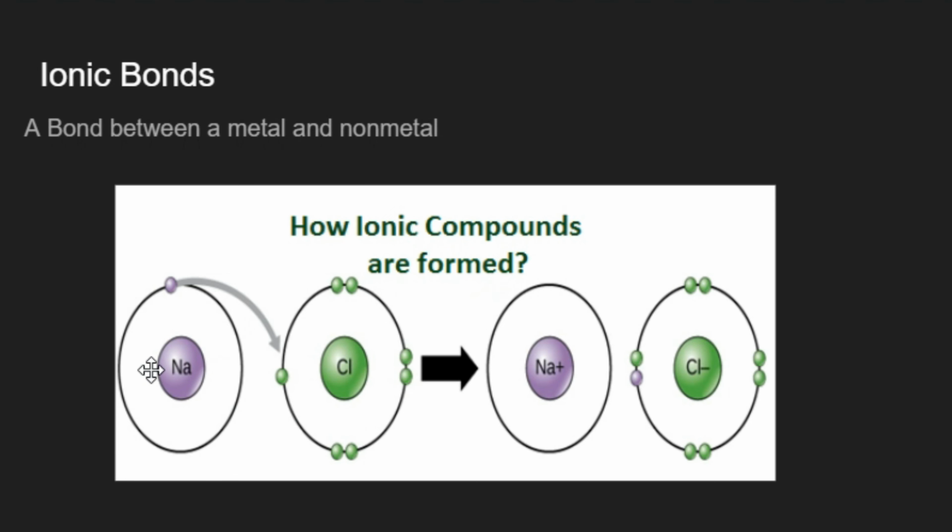By doing this, the metal that transfers the electron to the non-metal becomes positively charged because it loses its electron, and the non-metal gains an electron, so it becomes negatively charged. And we know that the positive and the negative signs are attracted to each other, and that's how the bond is formed.